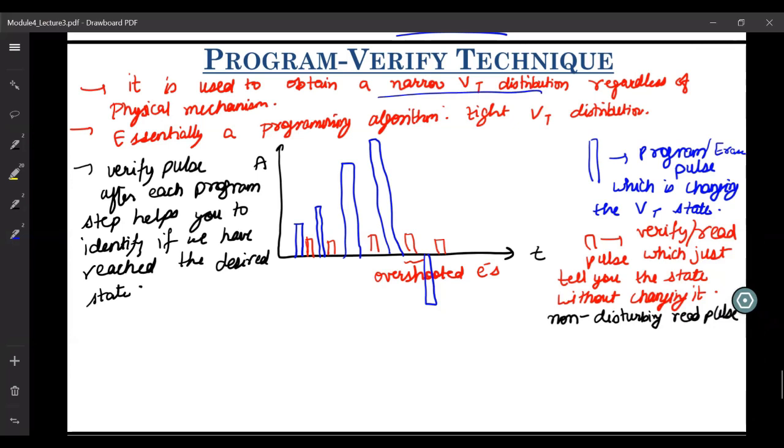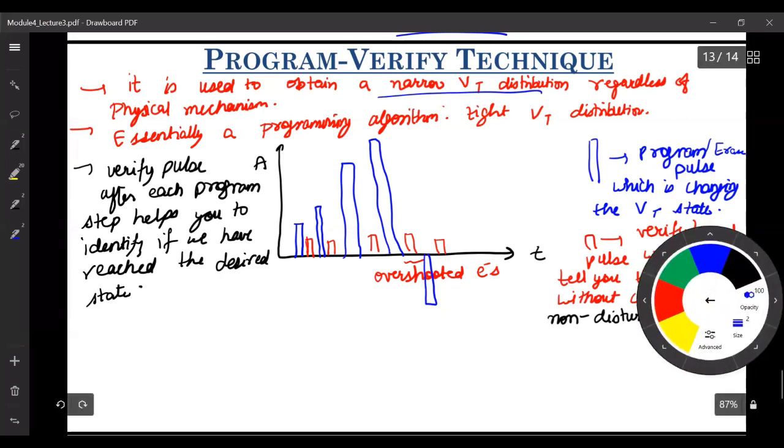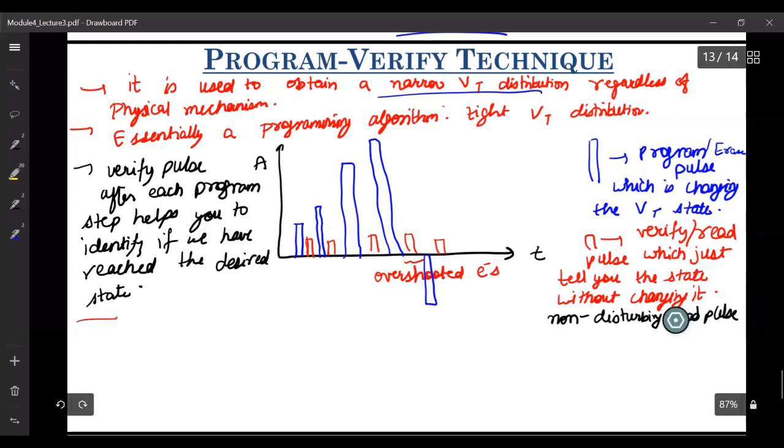If I want to tune my memory to this state, just by having a cycle of these program verify pulses, I can reach that particular desired state very precisely. So it improves the precision of programming or erasing.